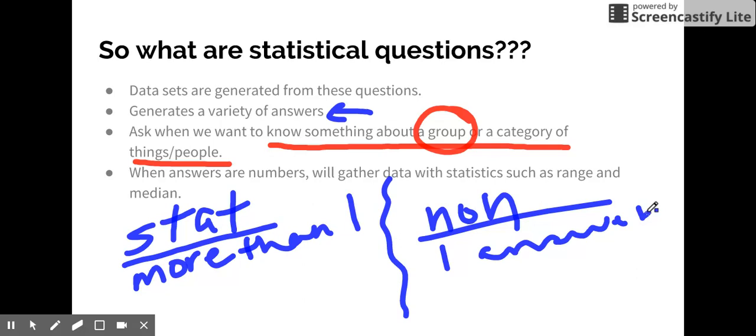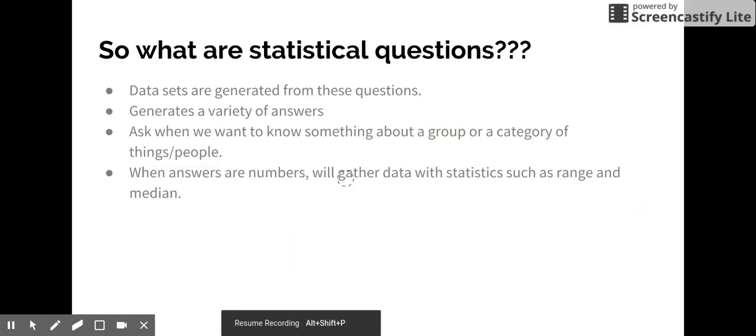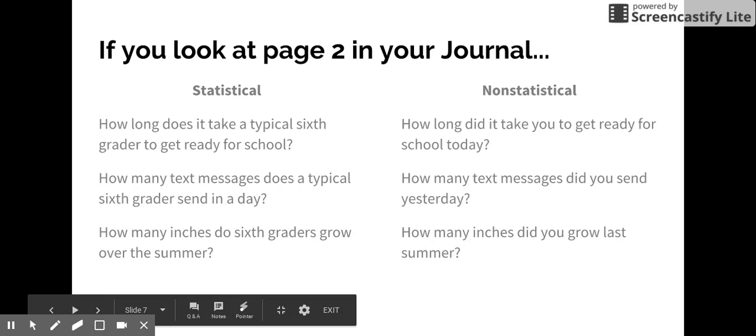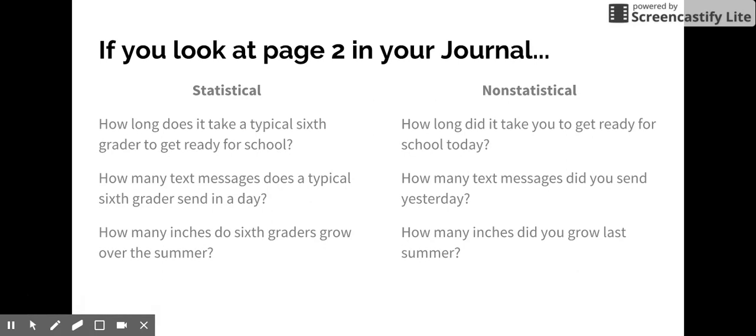What does that mean, though? So if you look at page 2 in your journal, there's two lists. You have a statistical side and a non-statistical side. So what I did here is I just kind of looked at the top 3.